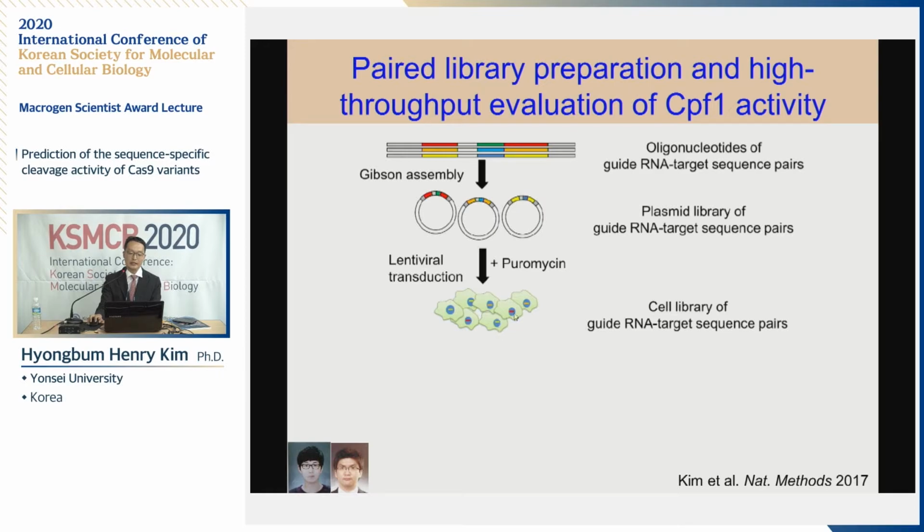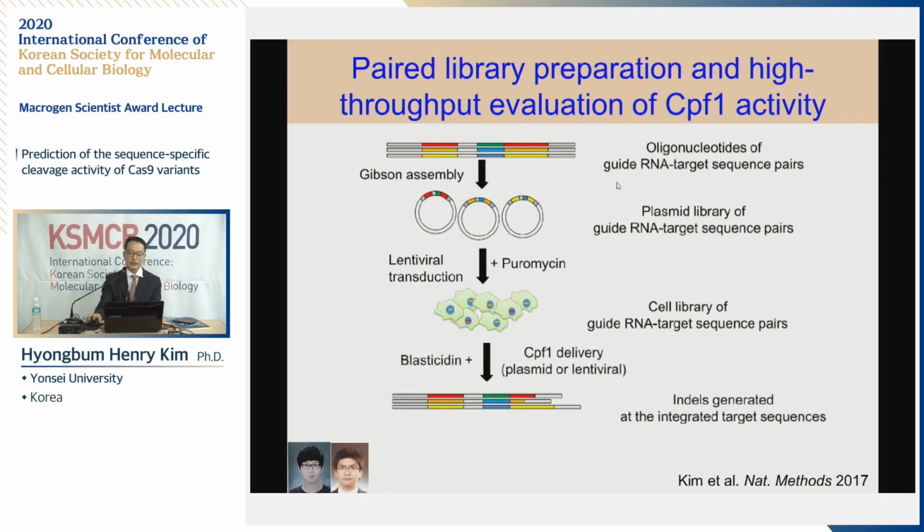So each cell in this library expresses a CRISPR guide RNA, and contains the corresponding target sequence. But nothing will happen to these target sequences until we introduce Cpf1. Once Cpf1 is introduced by transient transfection or lentiviral delivery, Cpf1 binds to the expressed guide RNA, and they make a double-stranded break at those target sequences, depending on the activity of the guide RNA.